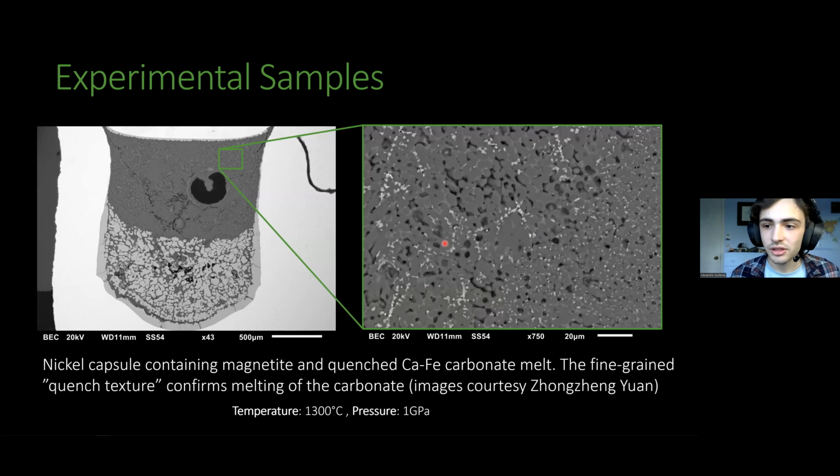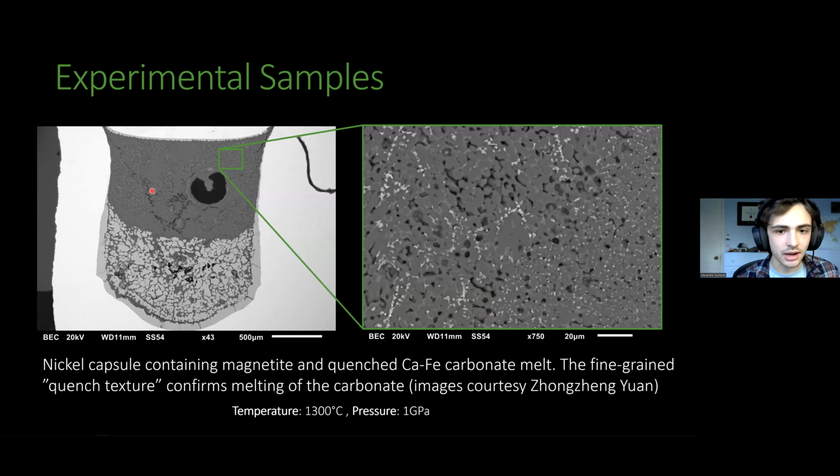We're trying to measure the solubility of magnetite with the salts. This picture shows the magnetite and the salt in equilibrium, and thus the trace element partitioning can be measured between the two phases. Here in this very light gray is the nickel capsule that encapsulates our experiments. And this medium gray is the magnetite powder we put into the capsule.